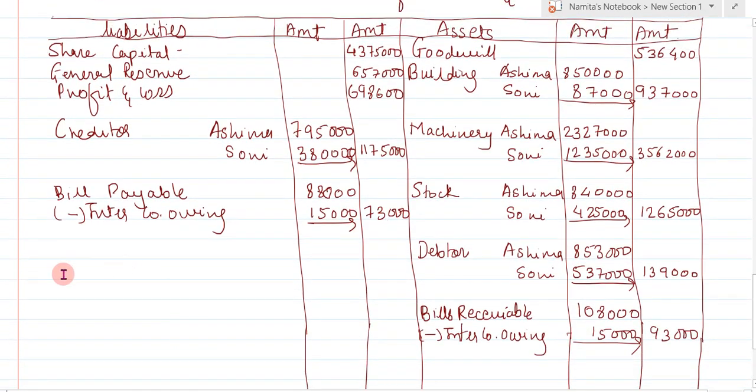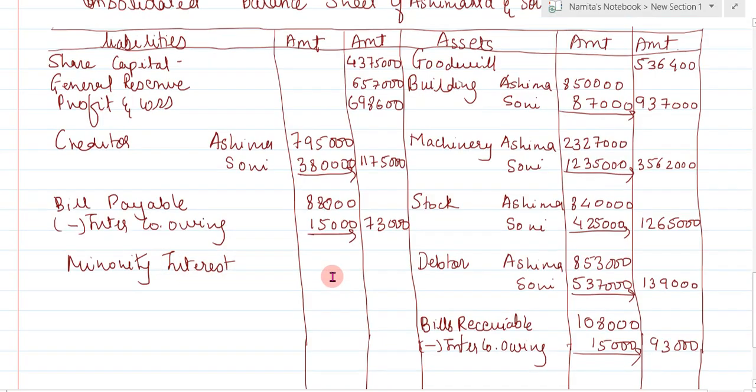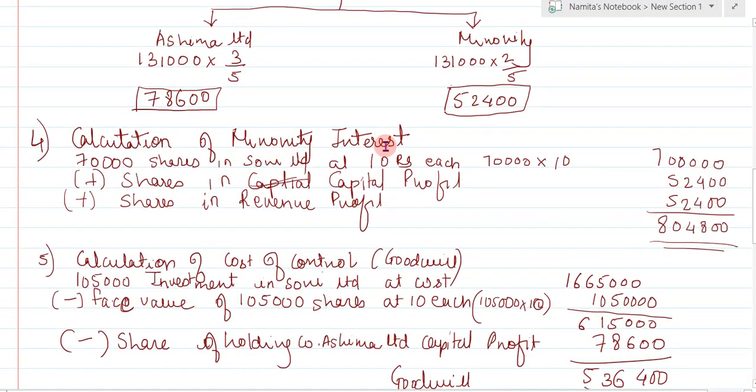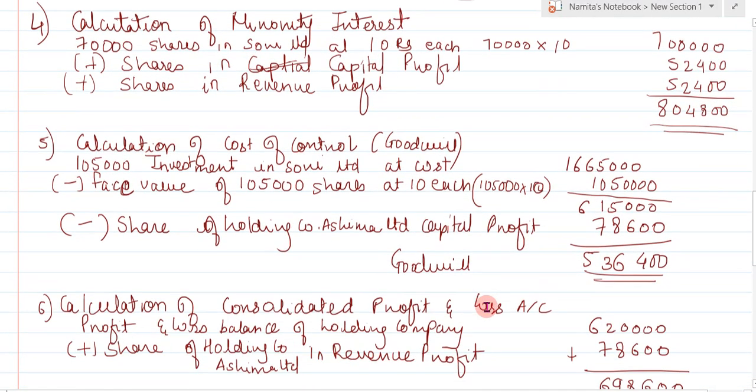the important entry we have to write, that is minority interest. Okay, this is what liabilities for us, minority interest. So minority interest is not given in question balance sheet. Okay, but we have calculated the minority interest amount, that is what? 8,04,800.